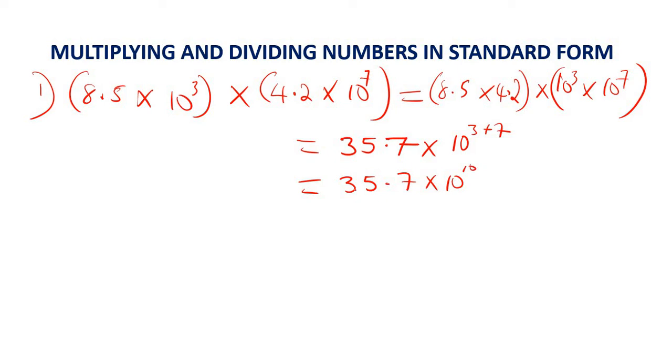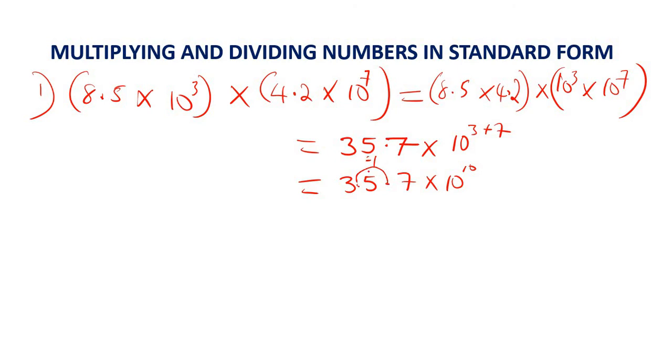times 10 raised to the power 10. But I'm having 35, and what I need is a number between 1 and 10. So I have to reduce this. I'm going to move the decimal in one place, and this will be positive because I'm moving it in. This is plus 1.